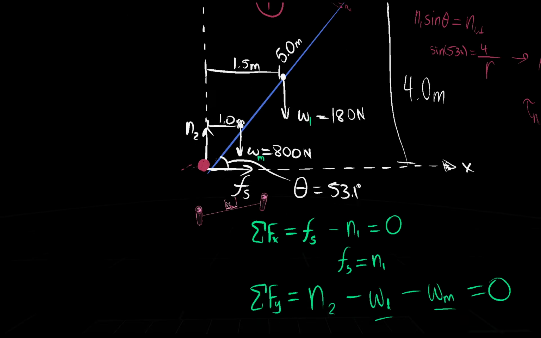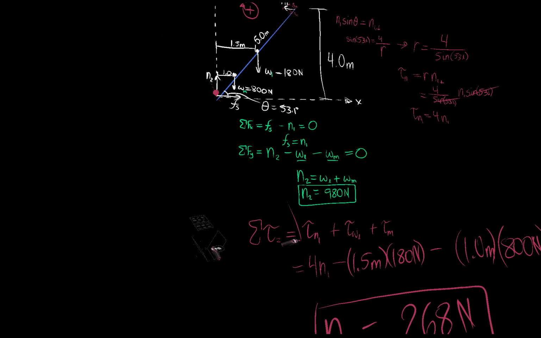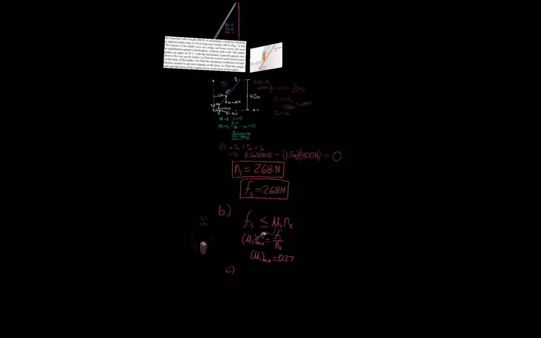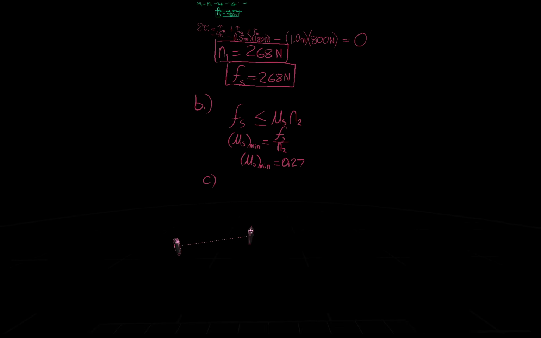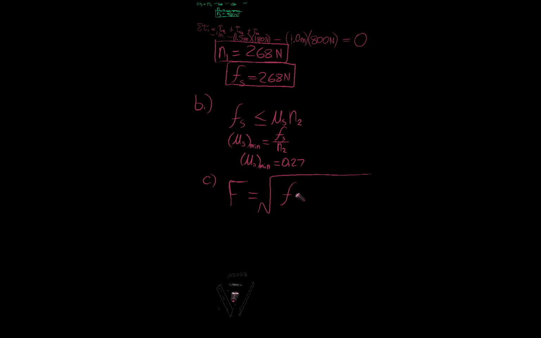And so we're just going to use those two and find the magnitude of that. So the total force F is equal to the square root of the sum of the squares. So we have F sub s squared plus N2 squared. It's the traditional way.